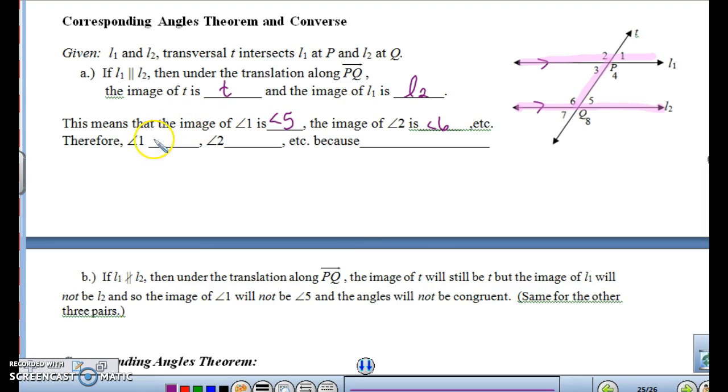That means angle 1 will be congruent to angle 5, and angle 2 will be congruent to angle 6. And all the other angles: 3 will be congruent to 7, 4 will be congruent to 8, because angle measure is preserved in a translation.